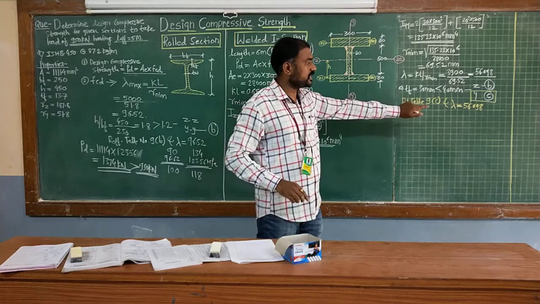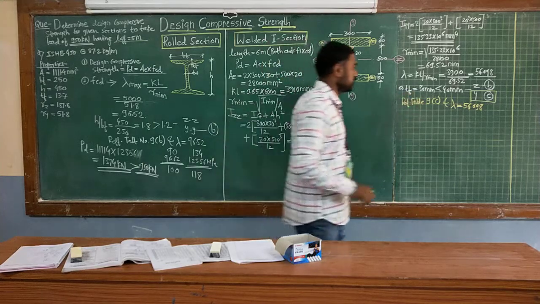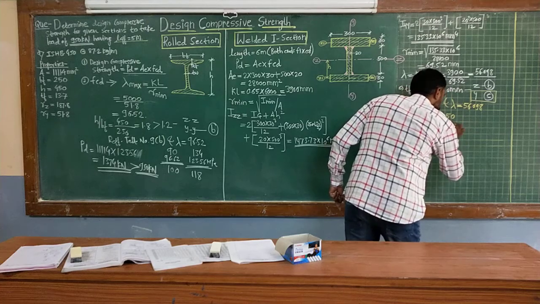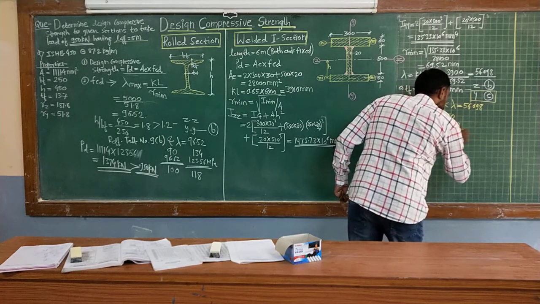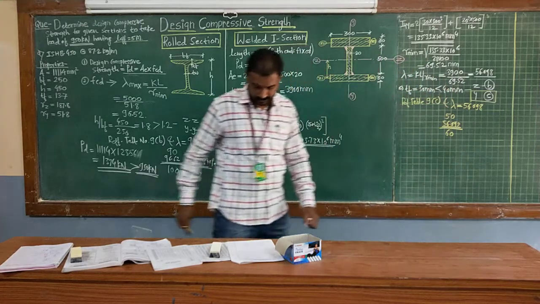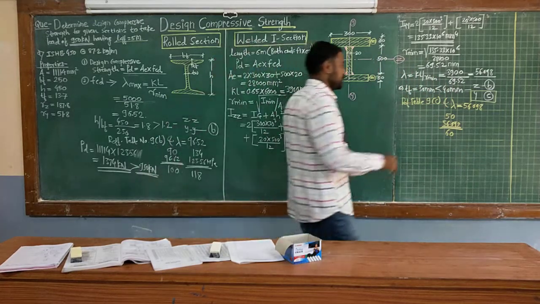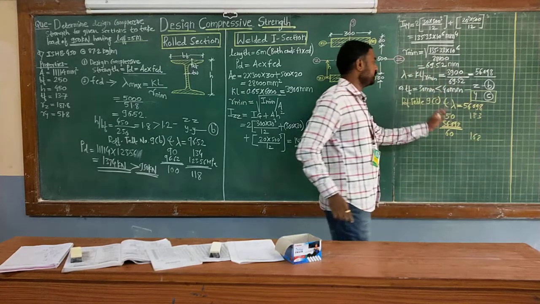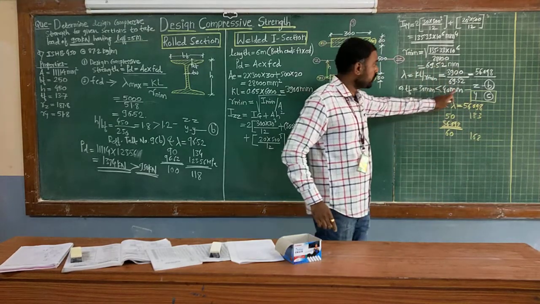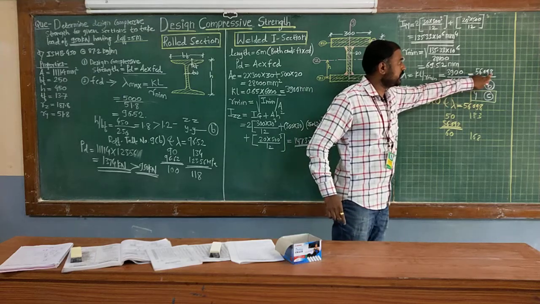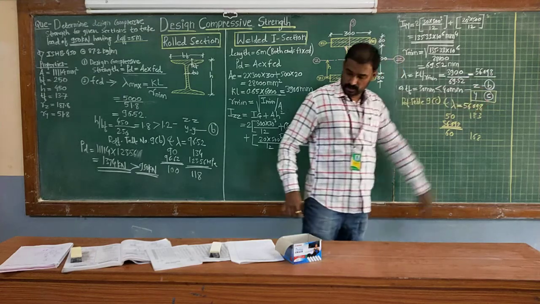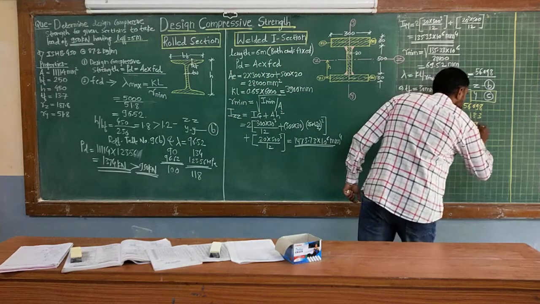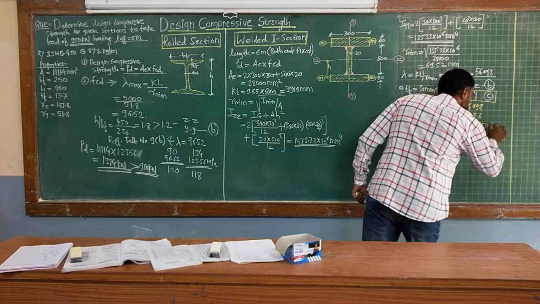Correct? So the value is ranging between 50 and 60. So for 50 and 60, and value is 56.098, values are given as 183 and 168 according to table 9C. Correct? For slenderness ratio 56.098 and buckling class C. So the interpolation value is 173.85 MPa.